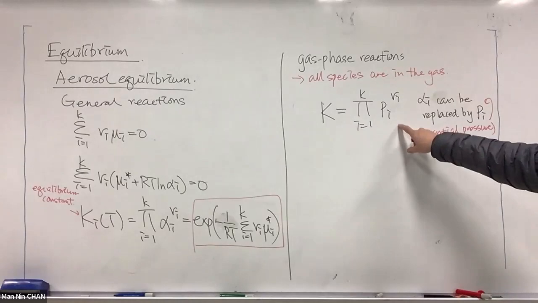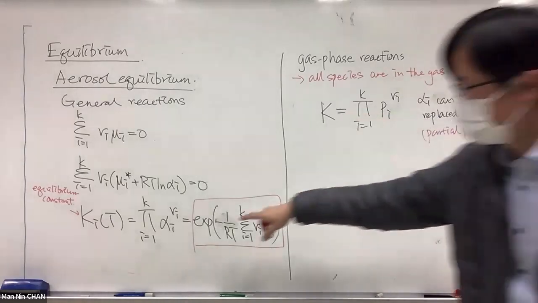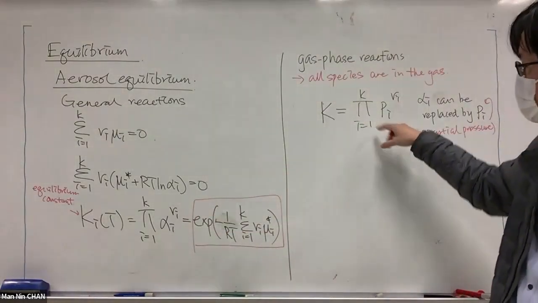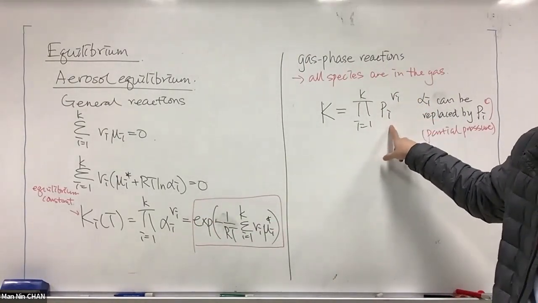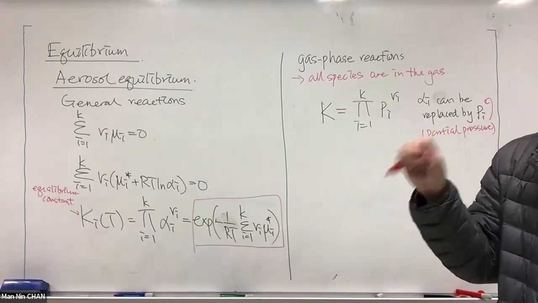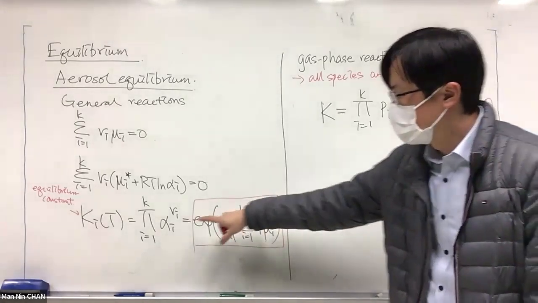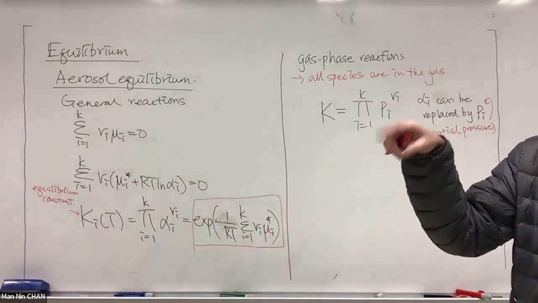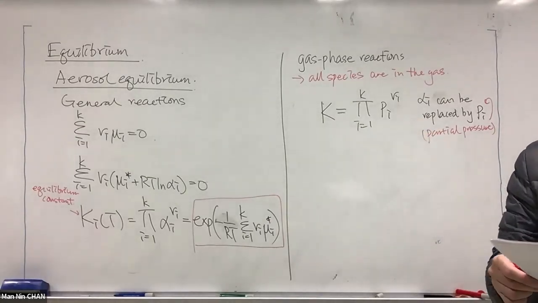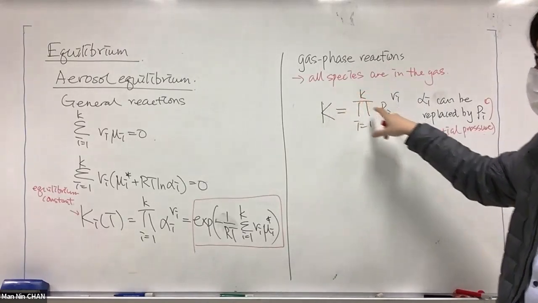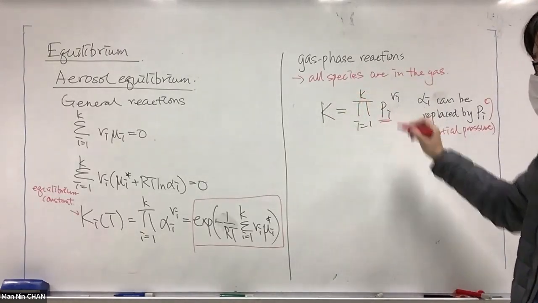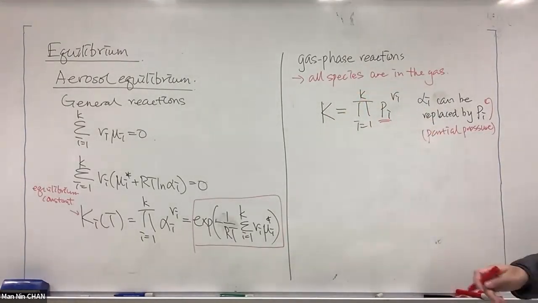Sorry for that. So to correct this activity: for the gas phase, most of the time it's reasonable to just use the partial vapor pressure. But remember, for the aqueous phase, the activity, right, we need to multiply by the activity coefficient. I think we discussed that last time. But for the gas phase reaction, you can just use the partial vapor pressure of your species. Okay.